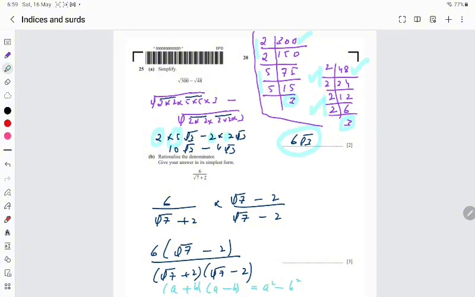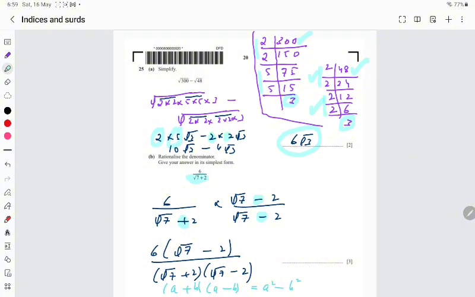Again, rationalize the denominator, but this time you have an expression, under root 7 plus 2. So how, in this case, do you get rid of this surd sign from the denominator? You change the sign in the middle. You have plus 2, so write minus 2 and multiply and divide by under root 7 minus 2.